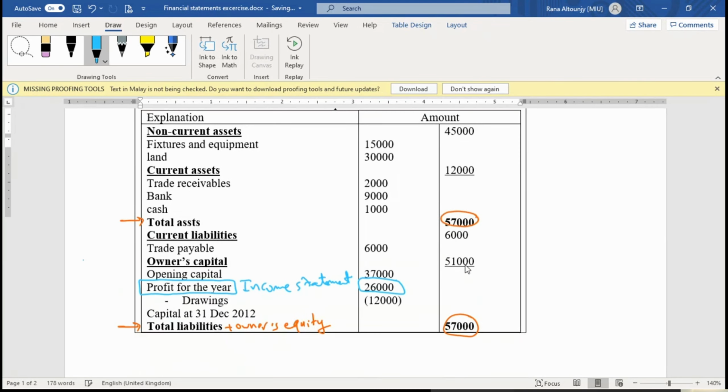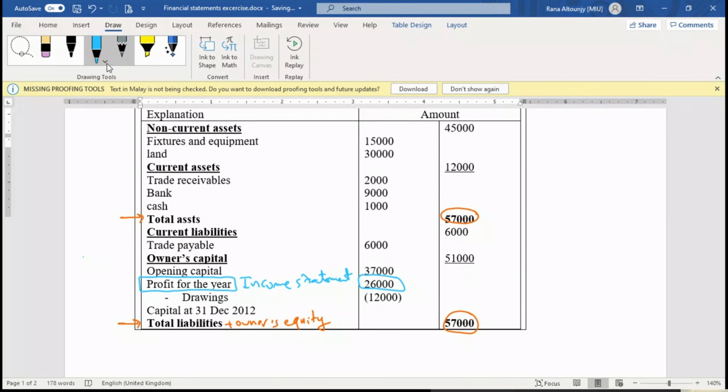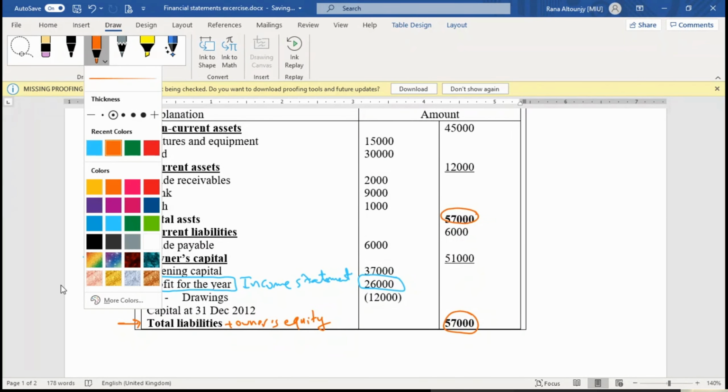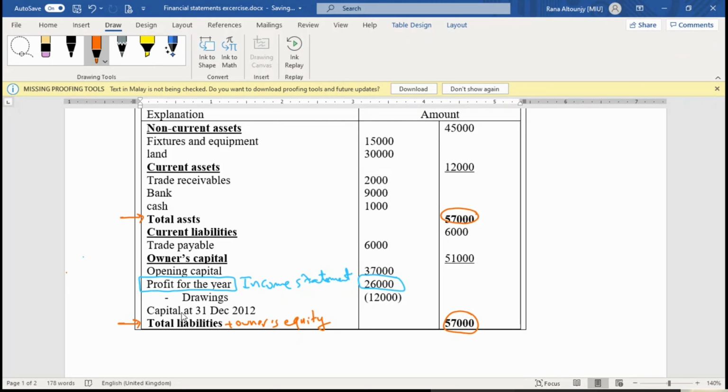Then we continue. As I mentioned, we have to deduct the drawings. As we know, it is capital plus profit minus drawings. See how I put the deduction, the minus, in brackets. Then the total of this is 51,000 and 6,000, so it becomes 57,000.